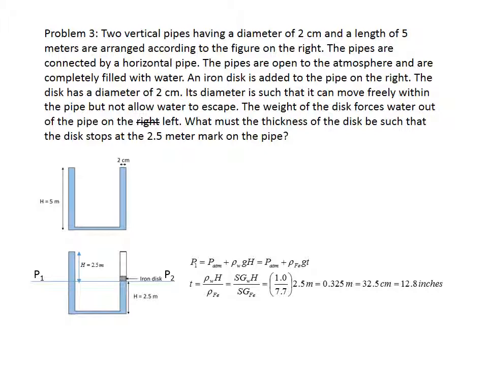So our equation would have the specific gravity of water, which is 1, divided by that of iron, which is 7.7, times the height of the fluid above the line in the diagram, which is 2.5 meters. Therefore, the disc would have a thickness of 0.325 meters, which is 32.5 centimeters, or 12.8 inches.